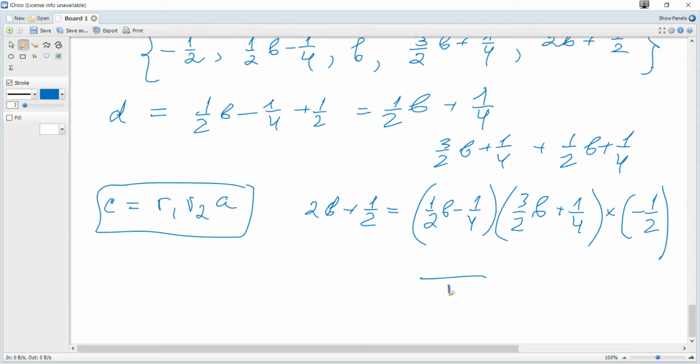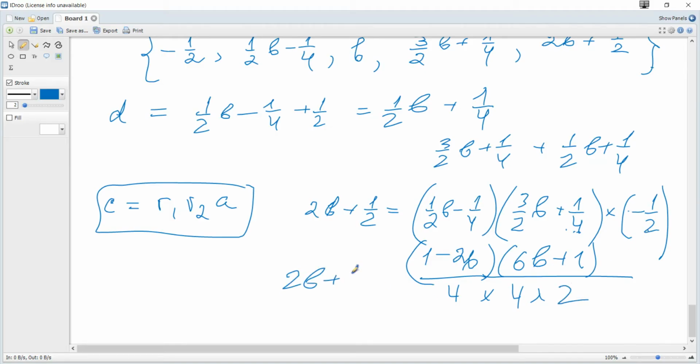So common denominator 4, so it becomes 2b minus 1 with this minus, 2b minus 1, so it will be 1 minus 2b. Common denominator for here 4, so it's 6b plus 1, and this 2, and 2b plus a half.